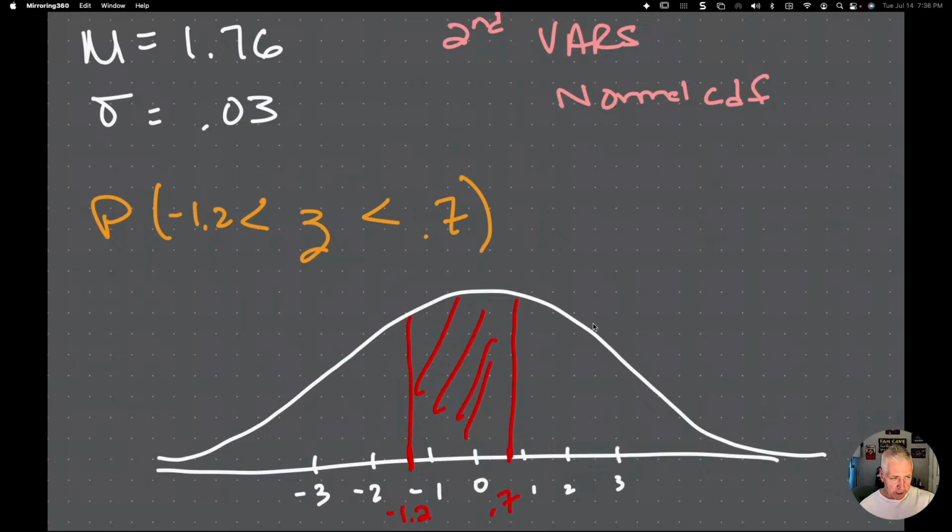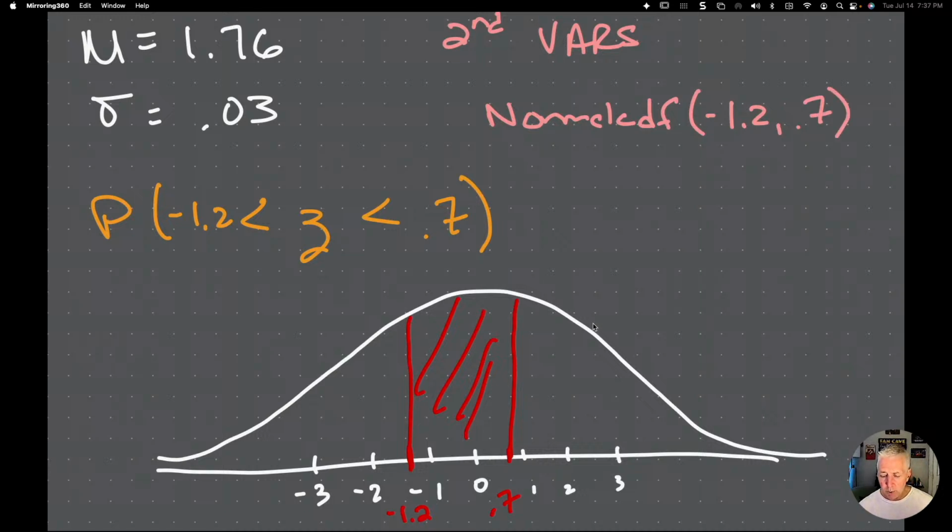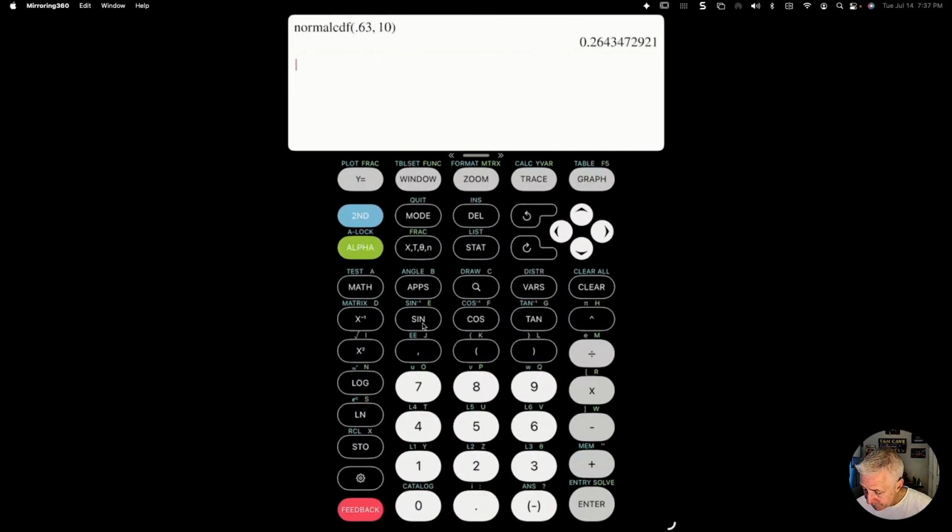What is the area between this z-score and this z-score? So we're going to go with normal CDF. The leftmost z-score, which is negative 1.2, comma, and then the rightmost z-score. Find the area between those two is 0.7. Negative 1.2 and 0.7. So back to the calculator.